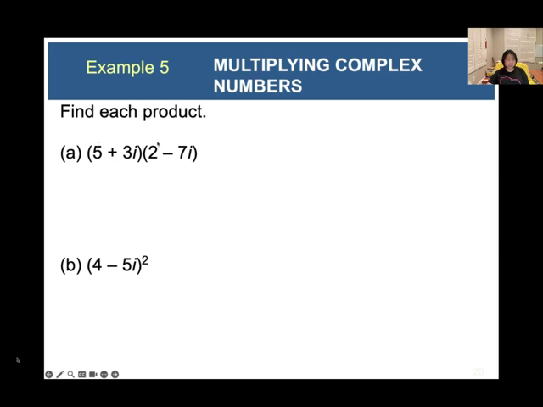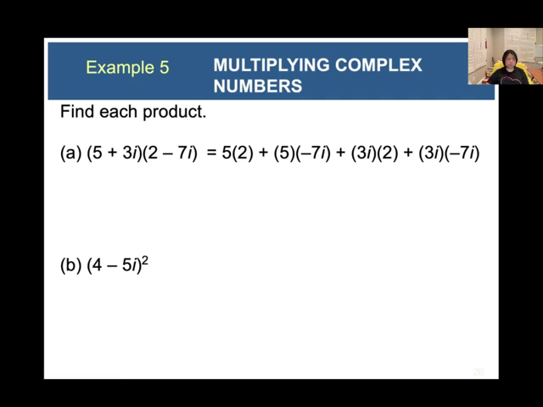5 times 2 minus 5 times 7i plus 3i times 2 and then plus 3i times -7i. Just use the FOIL method, write it out one by one, and then take care of it.